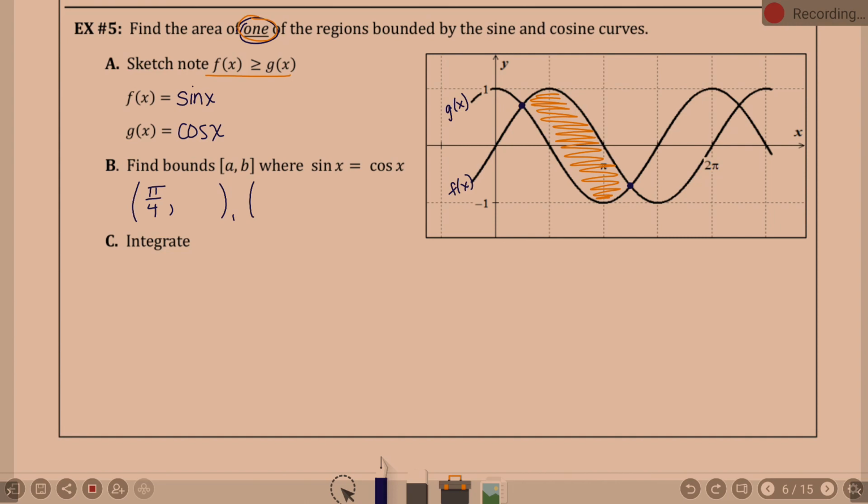What's the y value? Because we know the sine of pi over 4 is square root of 2 over 2, and we know the cosine of pi over 4 is square root of 2 over 2. So that's this one right here.